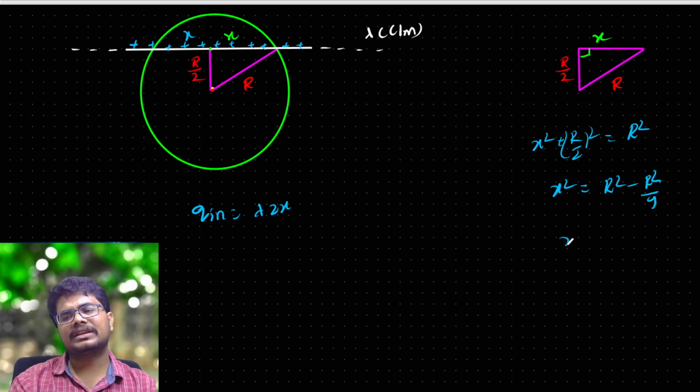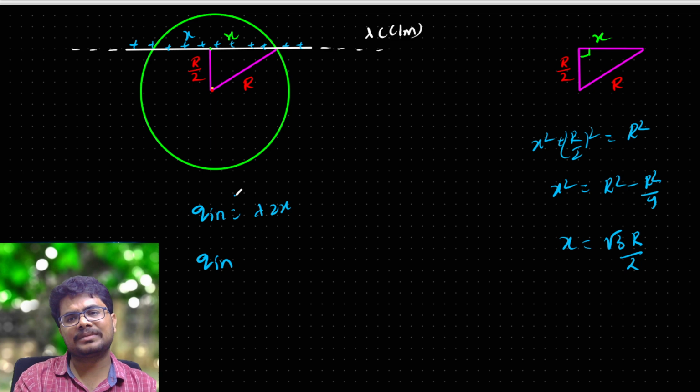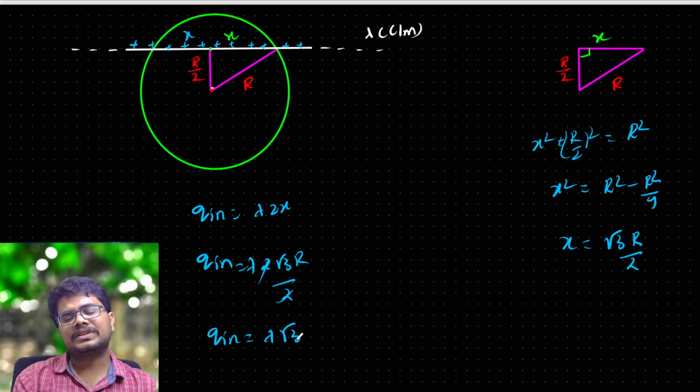Yes, x equals 4 r square minus r square, 3 r square, root 3 into r by 2, I got it sir. This is x but 2x we need to substitute. So Q in, how much charge is there? This much length only is enclosed, that much charge only. So lambda into 2x. x is 2 into root 3 r by 2 (sic: root 3 r by 2), 2 will cancel. Q in is equal to lambda into root 3 r, which we got.